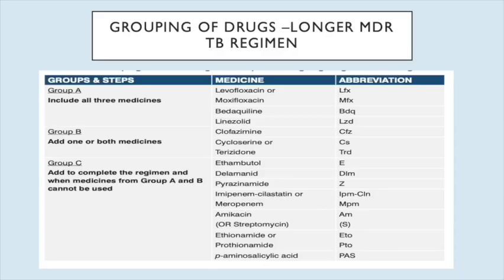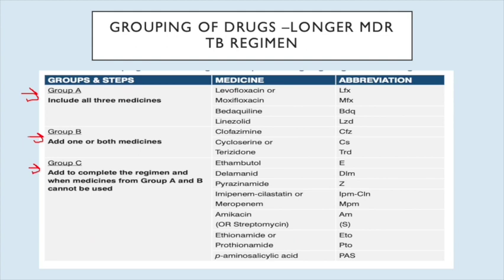So let's refine the treatment protocols. The anti-TB drugs available for managing MDR TB and resistant TB have now been divided into 3 groups: Group A, Group B and Group C. Group A and Group B are our prime groups.